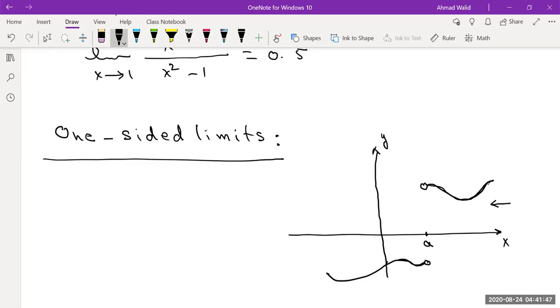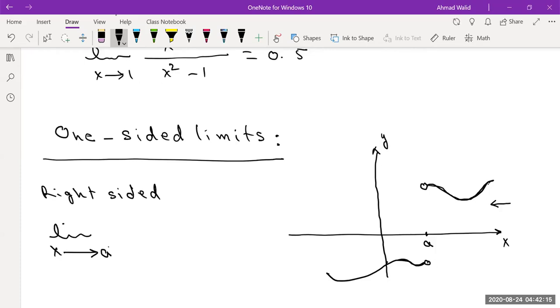To this point, right? How will I write this in terms of the limit of the right side? I will write limit as X approaching A. How to denote from the right?